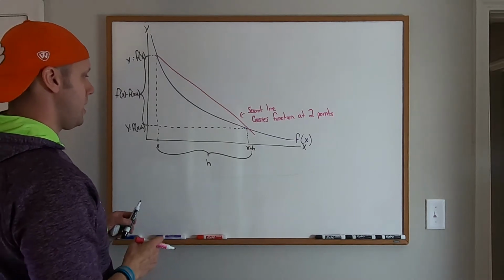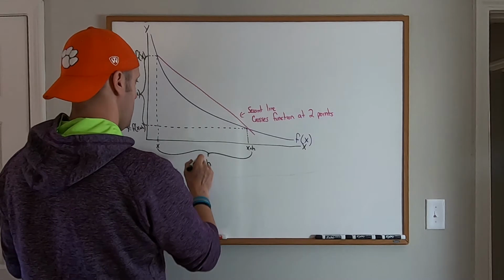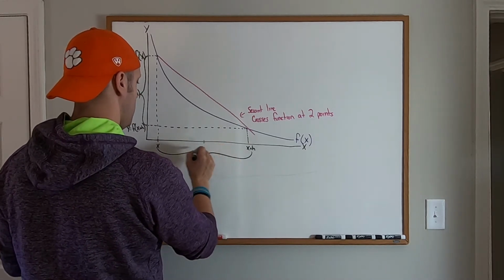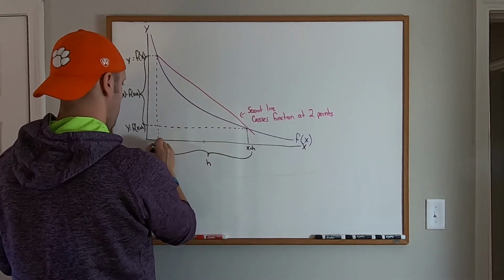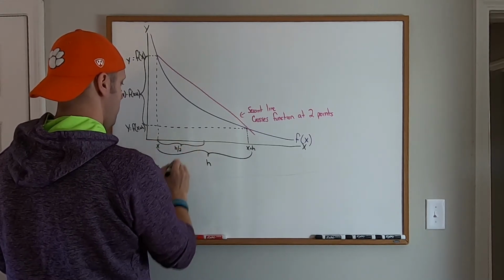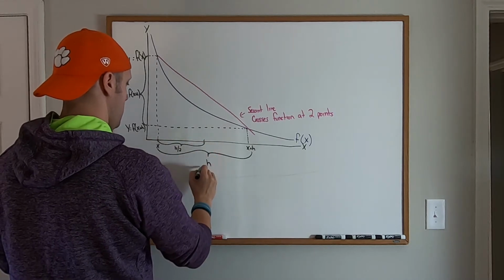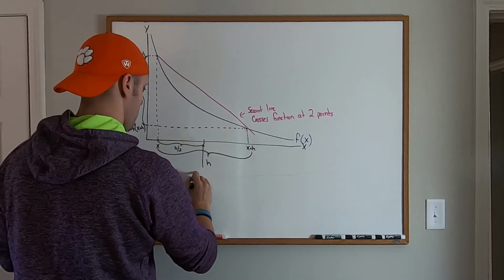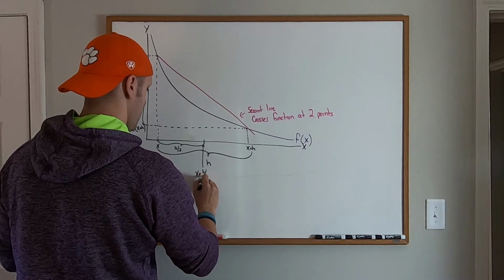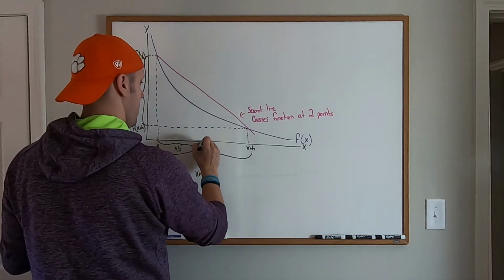So let's take this distance h and divide it by 2. So this point here is going to be x plus h over 2.